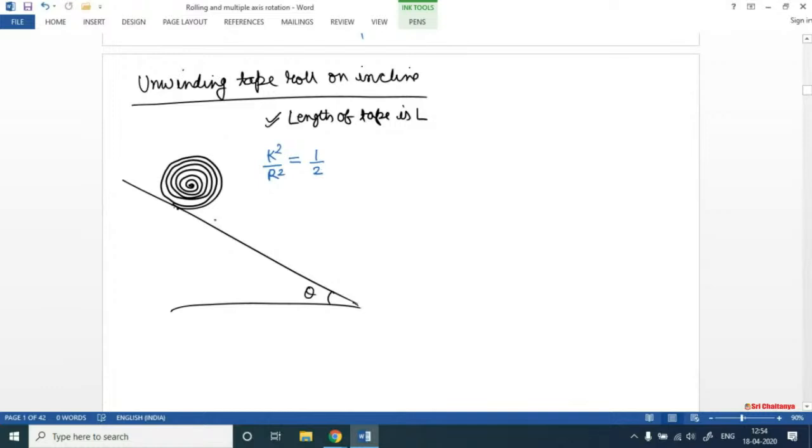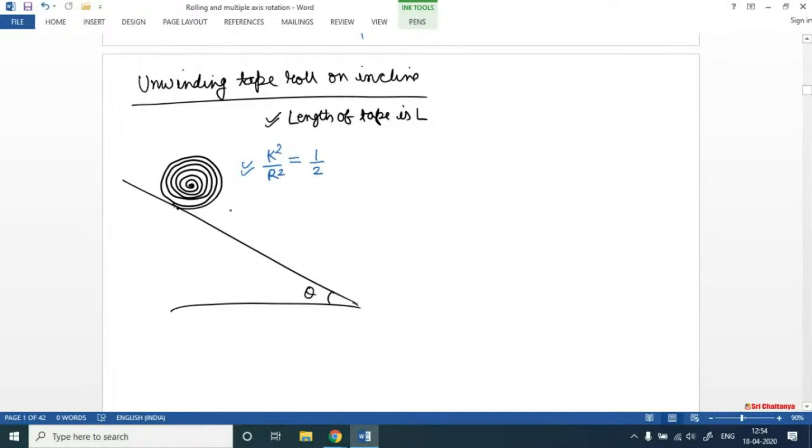Okay, and as it unrolls over here, you must understand that its mass would be decreasing and its radius of the tape will also be decreasing. But the thing is, it will still maintain the same kind of mass distribution around the axis passing through the center of mass. So the value of k square by r square is not going to change, it will remain half.